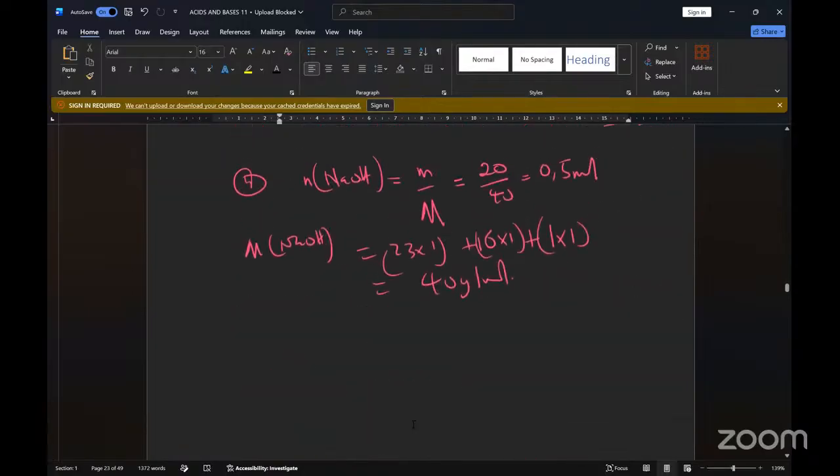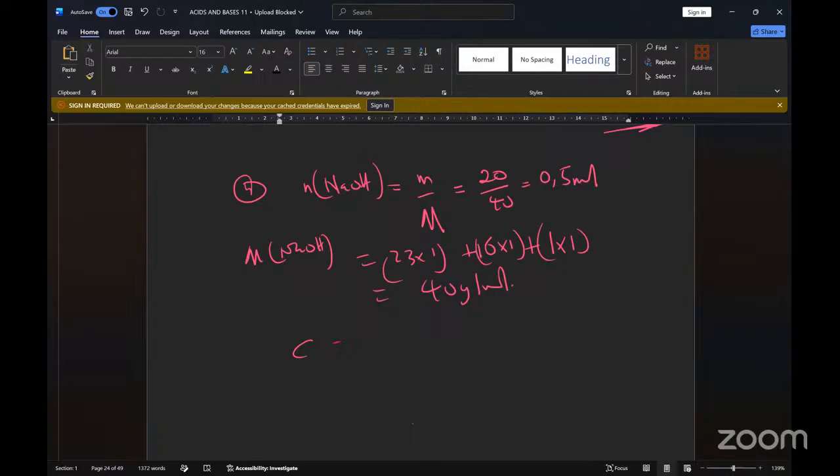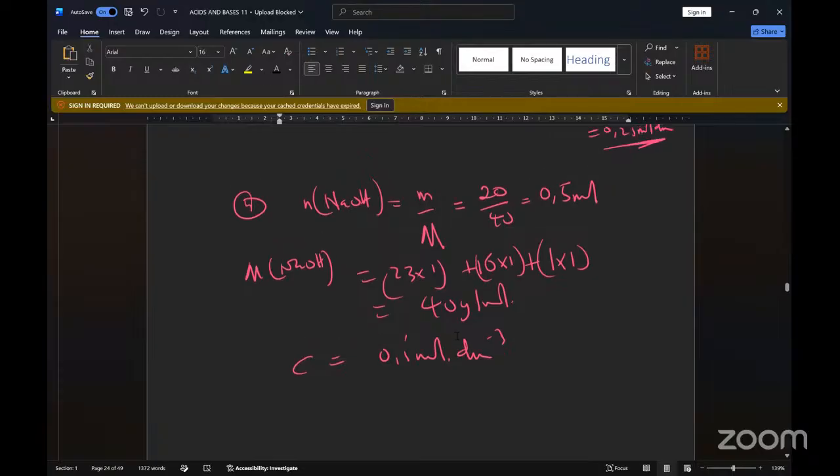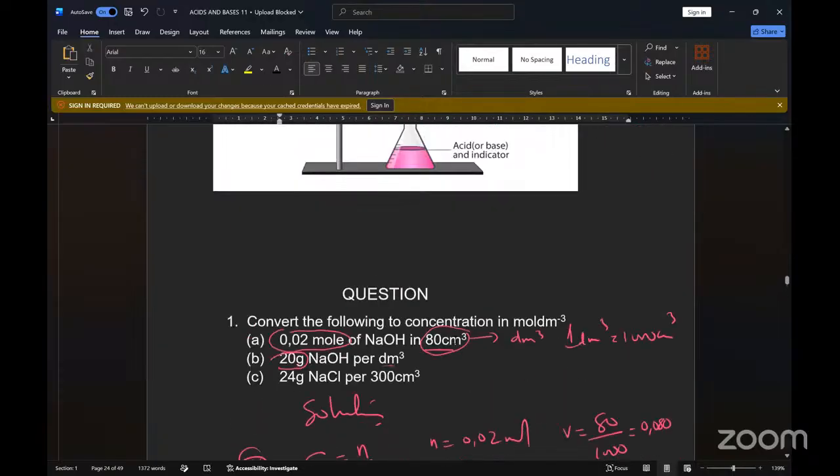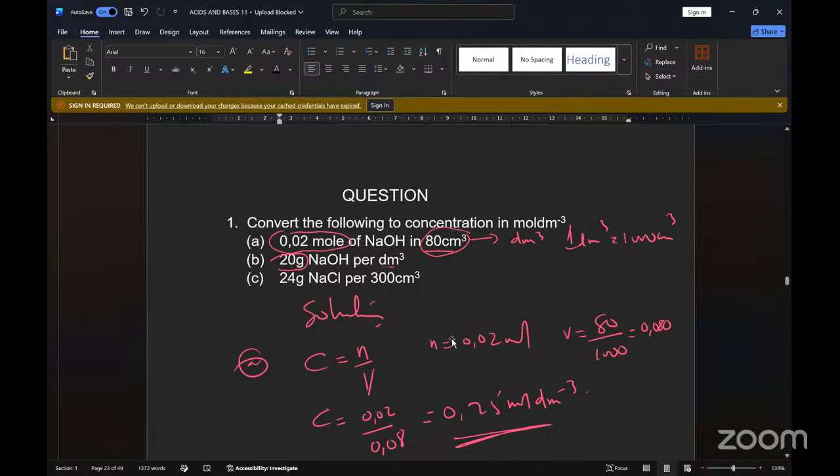So your concentration is 0.5 mole per decimeter cube. There's no need to change that volume. It's already in decimeter cube, so the value you get is equivalent to that.